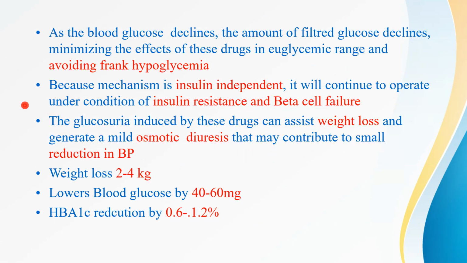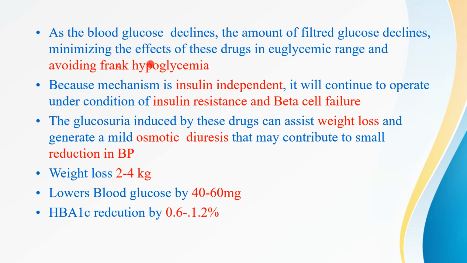With the use of these SGLT2 inhibitors, as the blood glucose level falls, the amount of the filtered glucose also declines, and the blood glucose level comes to the euglycemic range, that is the normal range.